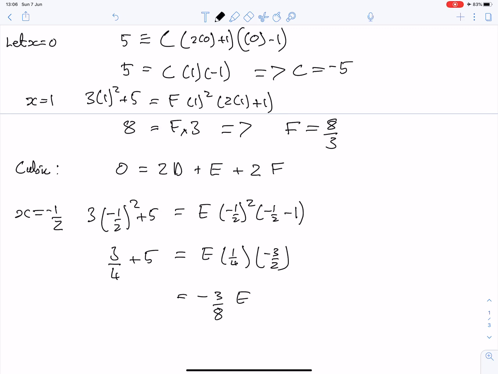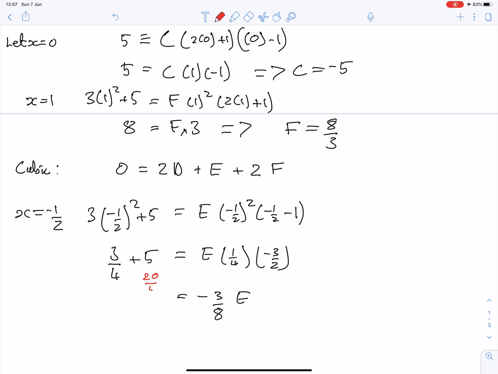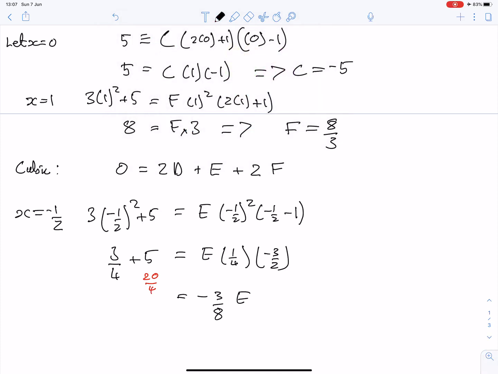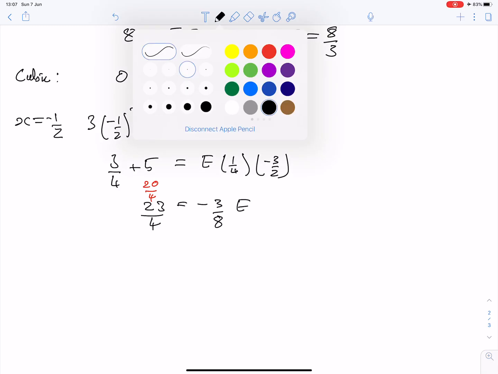And on the right hand side, if we think of that 5 as 20/4, we get 23/4. Usual approach then, multiply it by the denominators.